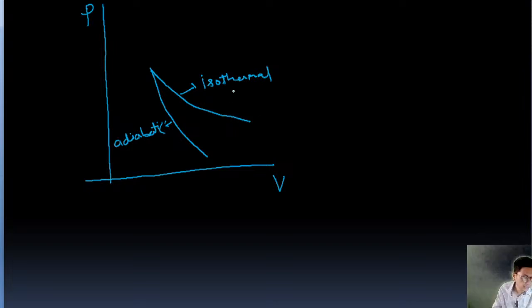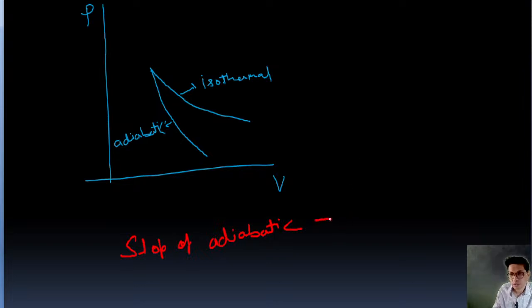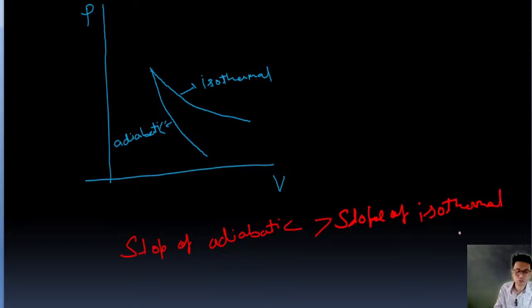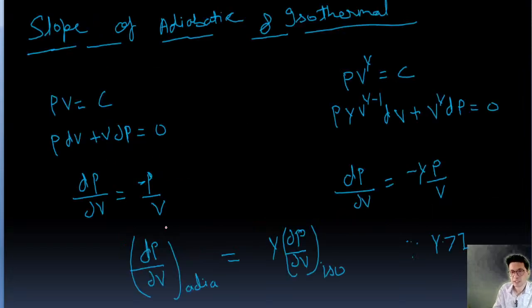So clearly we can see that the slope of adiabatic is greater than the slope of isothermal, because the slope of adiabatic is gamma times the slope of isothermal, right?